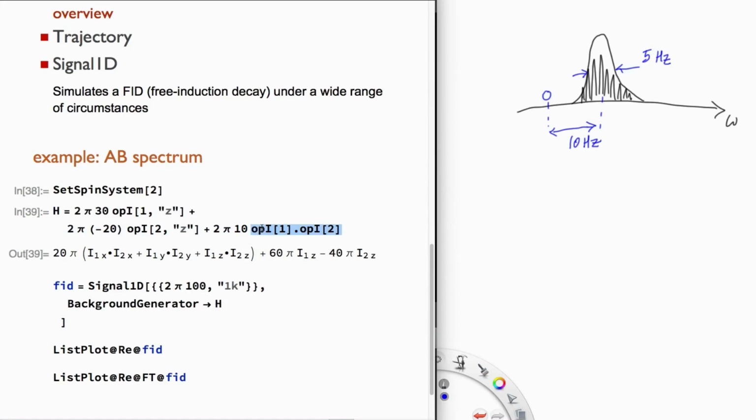So this is a scalar coupling in a homonuclear spin system. So what we're simulating here is going to be an A-B pattern for a strongly coupled spin pair, as a simple example.